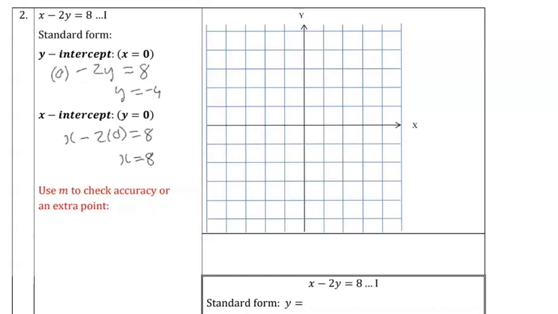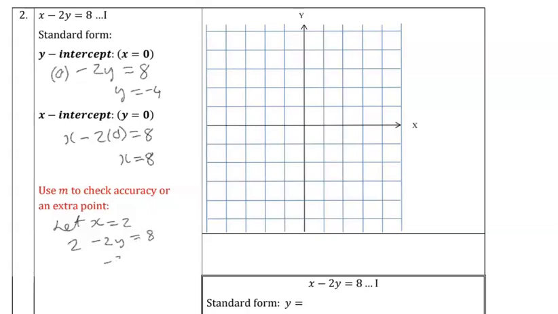And we can take another point, so let x be equal to, let us make it 2. Let x be equal to 2. Then we have 2 minus 2y equal to 8.